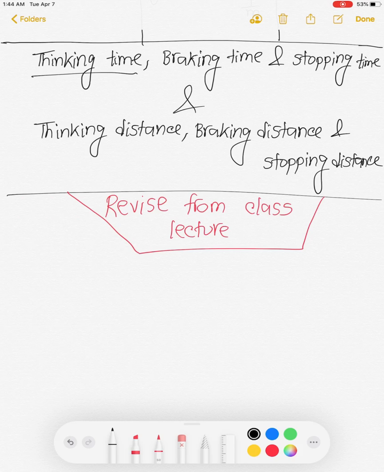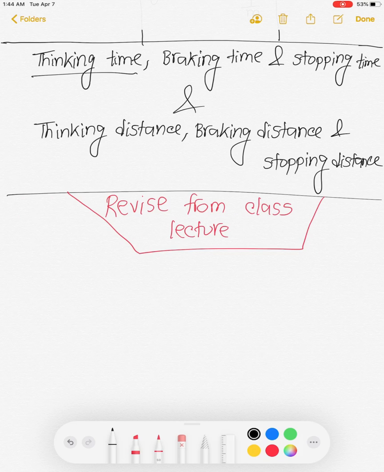Then braking time. Now just after you apply the brakes, the car doesn't come to rest, right? It keeps on moving even after you applied the brakes, because it already has a greater value of velocity. So the time taken for the car to come to a complete rest after the brakes have been applied is called braking time, and the distance that is covered during this braking time is called the braking distance.